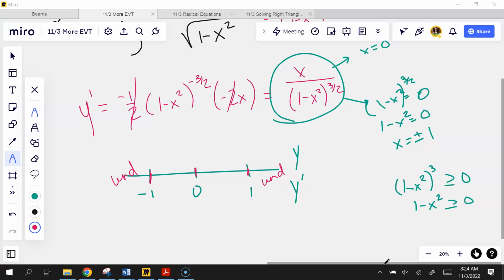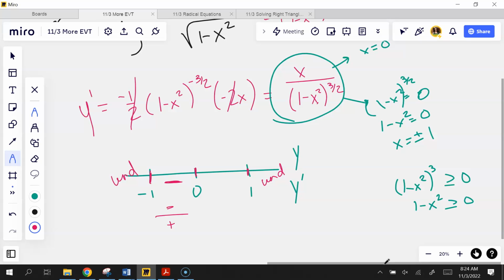Is my derivative positive or negative in this interval? I got a negative divided by, because the x is always going to take the sign, divided by what's happening here. If it's, let's say, -1/2, 1 minus a half is positive, and then whatever else I do with it is going to stay positive. So this is negative.